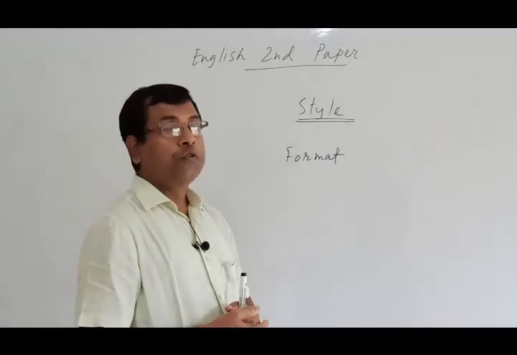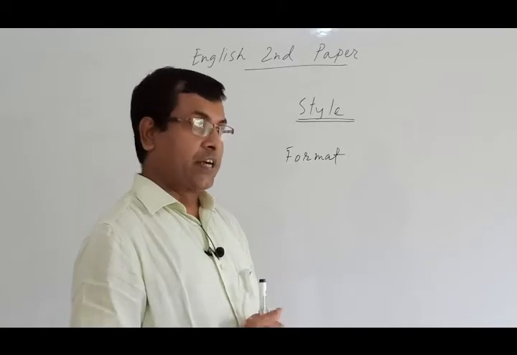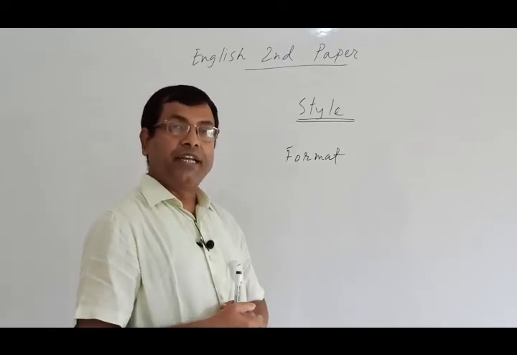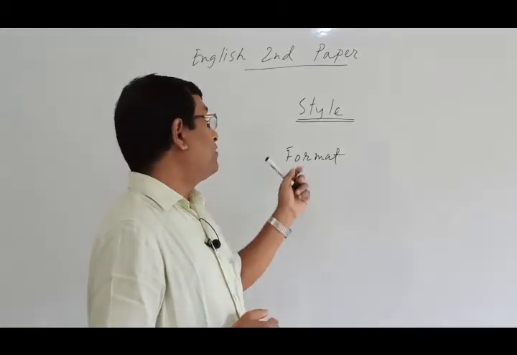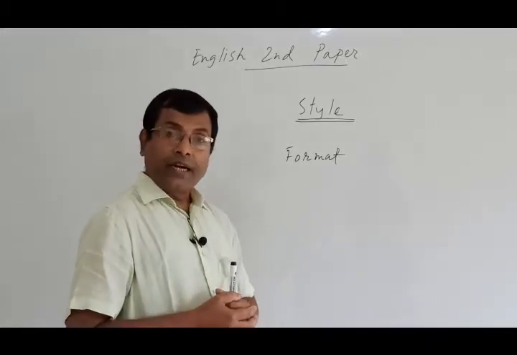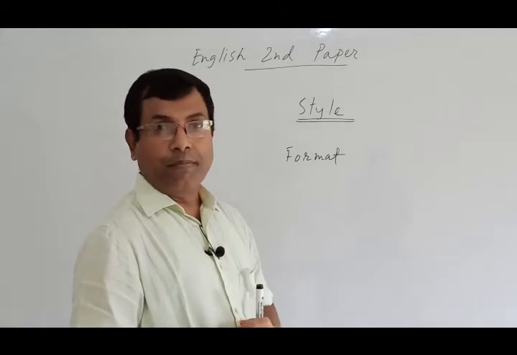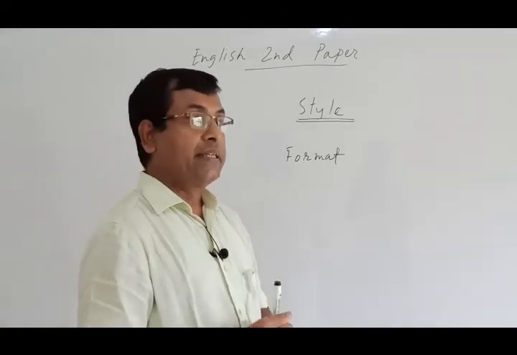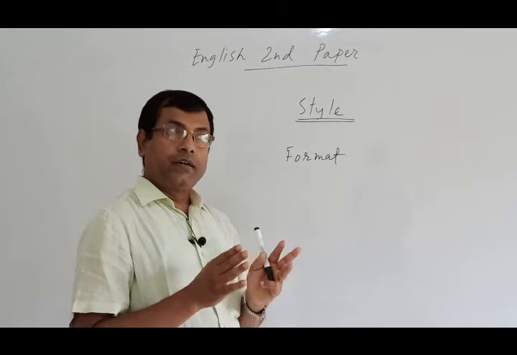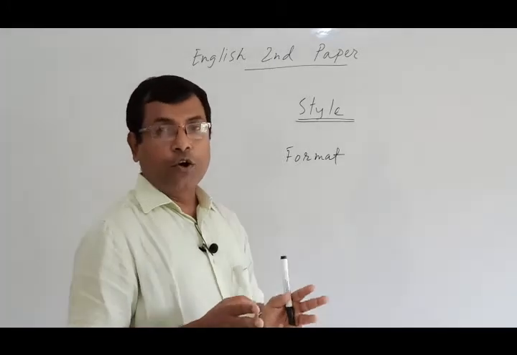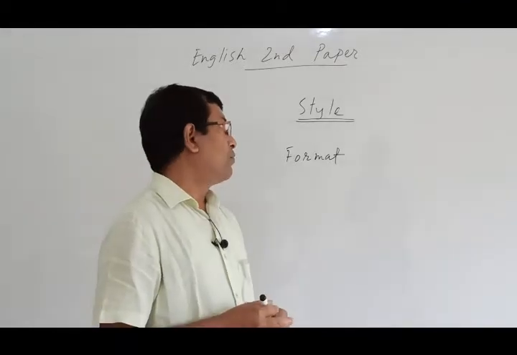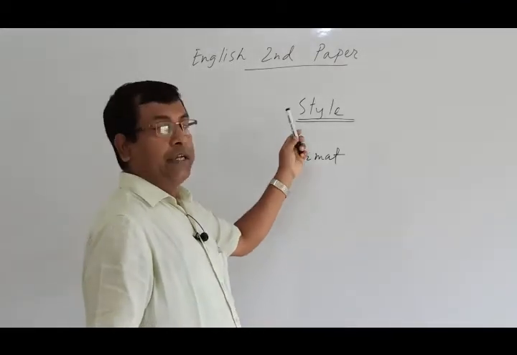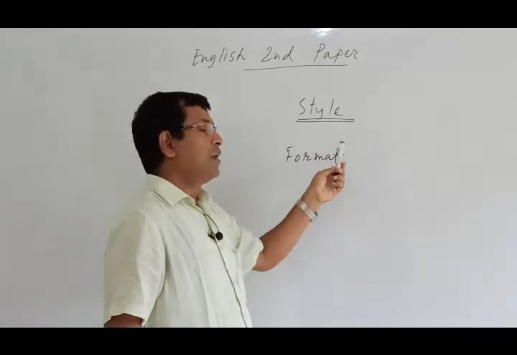In a composition, we find several paragraphs. You may have 7, 8, even 10 paragraphs in a composition. But in the case of a paragraph, we have just a single paragraph. In the same way, report writing or formal letter or email follows a different type of format. So, my dear students, style includes both language and format.